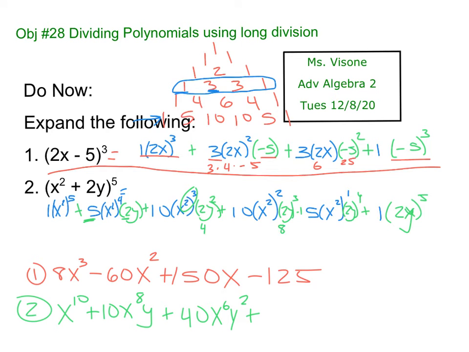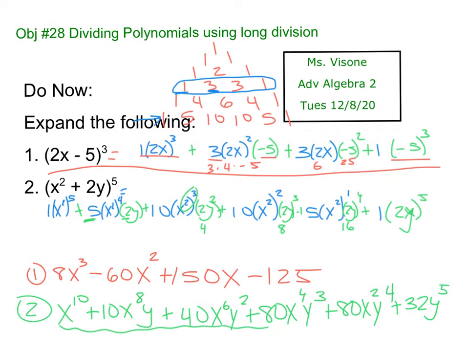This gives us an 8, 8y to the 3rd. So that's 10 times 8 is 80. x to the 4th, y to the 3rd. 2 to the 4th is 16. So 16 times 5 is 80. x squared, y to the 4th. And then 2 to the 5th is 32. And that's the answer. Again, I know this is tricky, so we'll go through this.